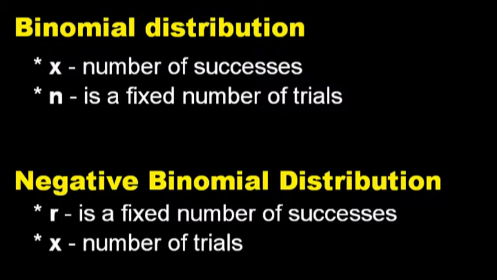But in the negative binomial distribution, n is replaced by r, which is the number of successes, and random variable x is the number of trials. In other words, negative binomial distribution refers to the probability of the number of times needed to do something until achieving a fixed number of desired results.